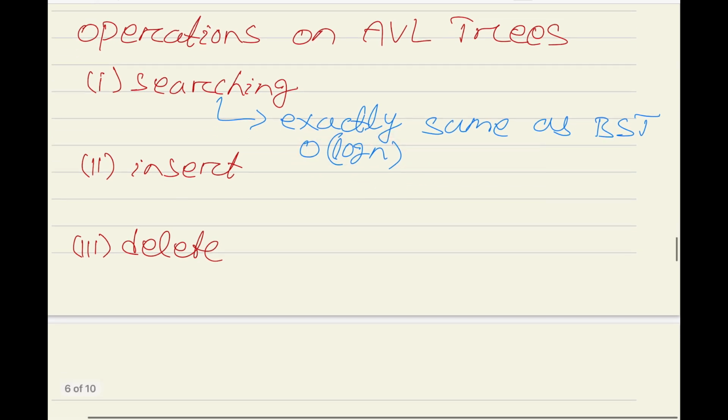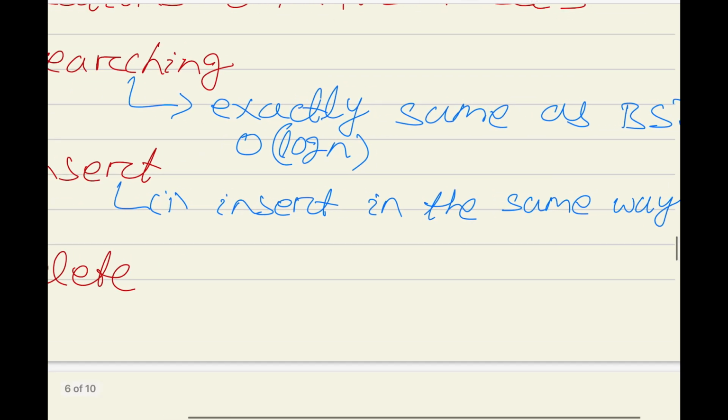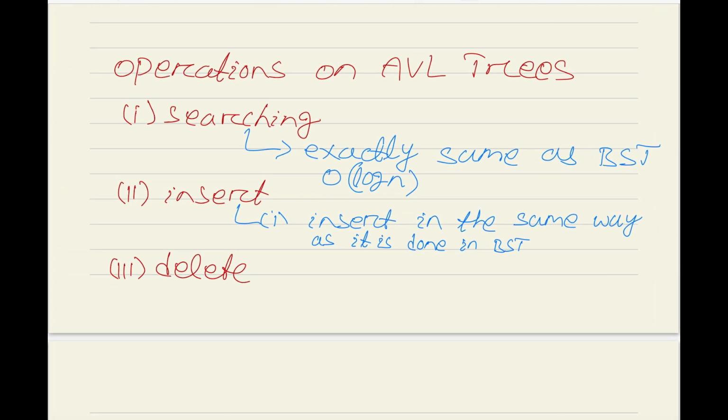Now move to the insertion. The insertion here is of two steps. The first one is to insert following the principle of a binary search tree, that is, insert in the same way as it is done in BST.